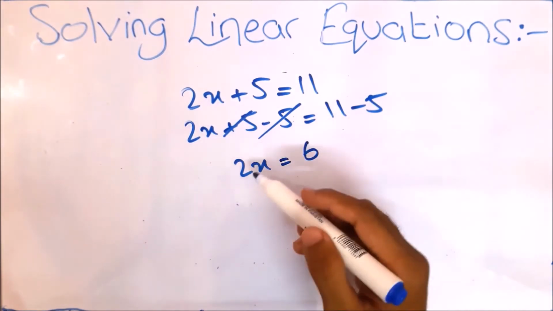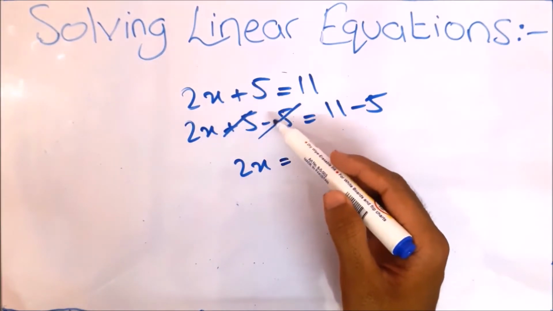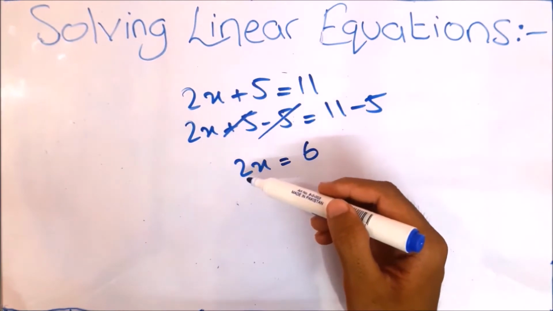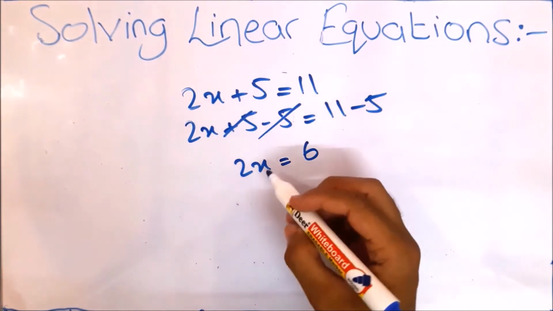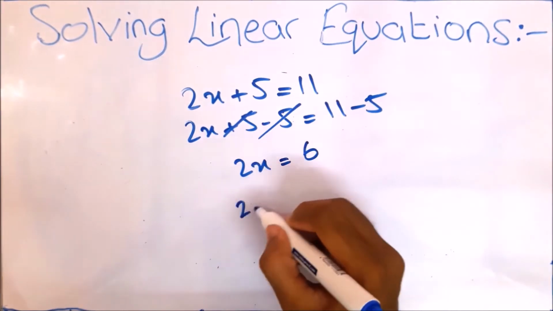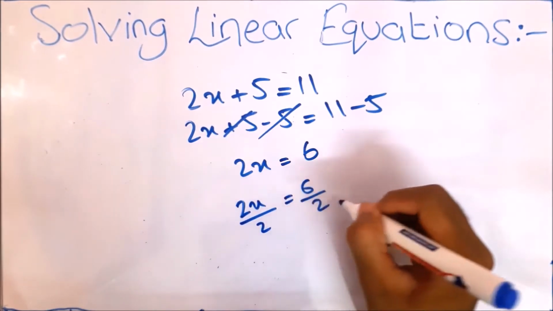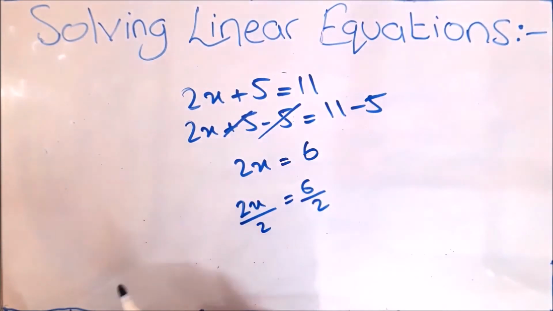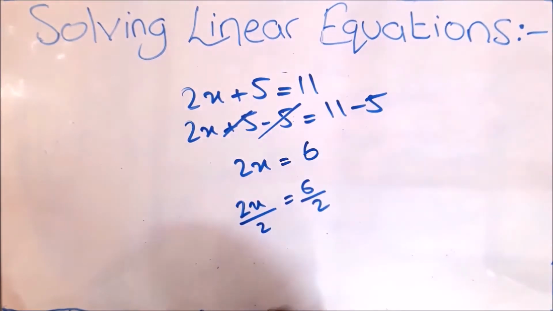So 2 is being multiplied with x. When something was being added, we had to subtract it. So when something is multiplying, we have to divide it to get rid of it. So what we'll do next is 2x divided by 2 is equal to 6 divided by 2. We perform every action on both sides of the equality.